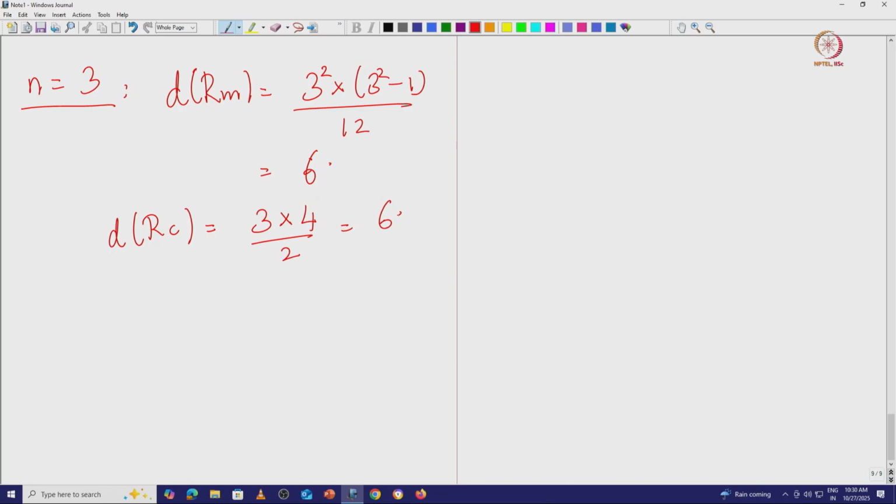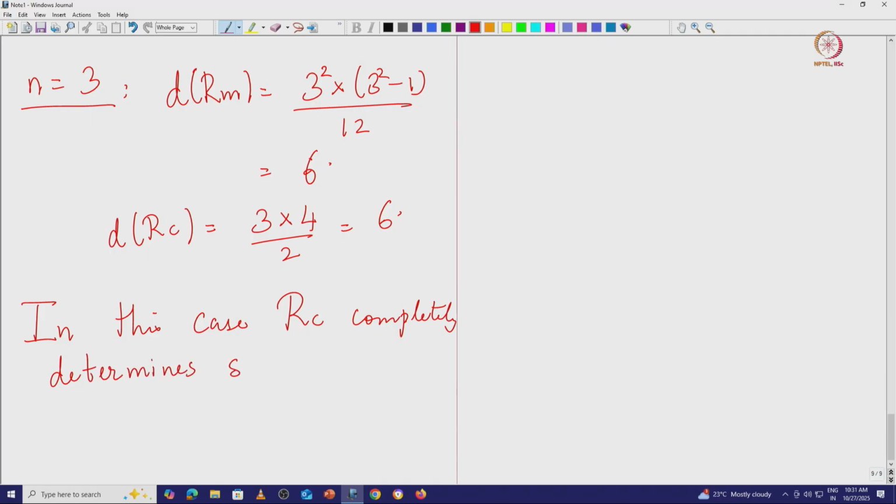So both the curvature tensor and the Ricci tensor have 6 independent components. So it is not surprising that in this case the Ricci tensor basically completely determines the sectional curvature and the curvature tensor.